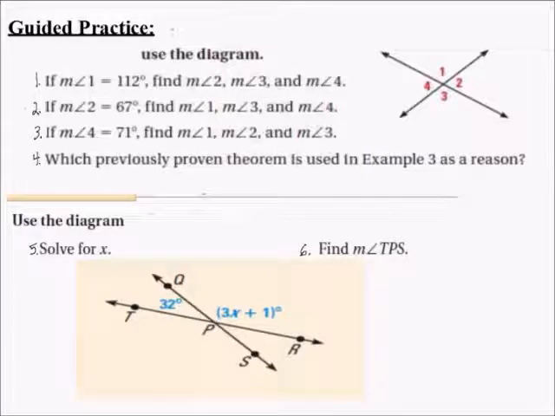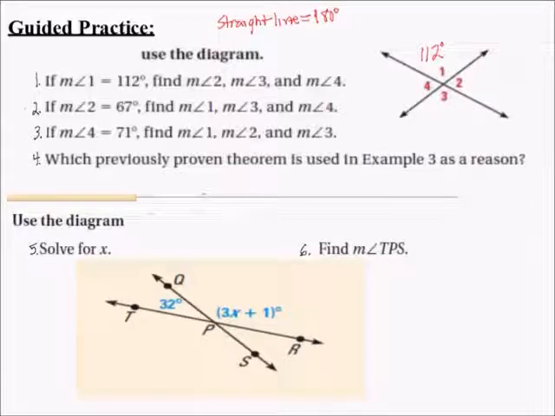Use the diagram. So make sure you get this diagram in your notebook. If the measure of angle 1 is 112, so remember I told you in geometry, if it's not in the picture, put it in your picture, okay? And we know that we have a linear pair right here. So for angle 2, since this is a linear pair, and let's write this down, straight line, straight angle, is equal to 180 degrees.